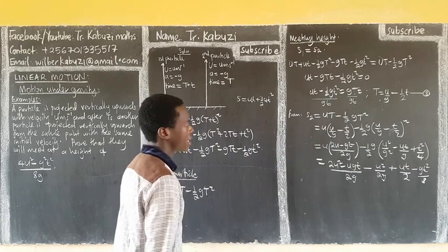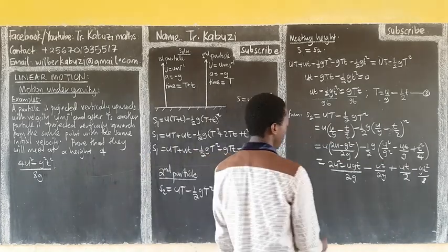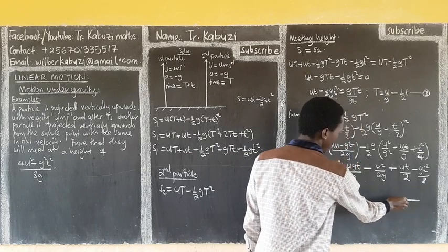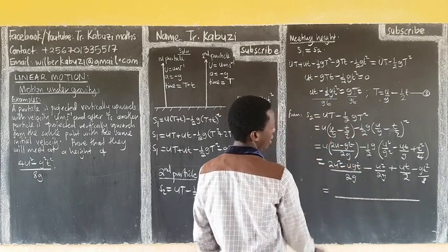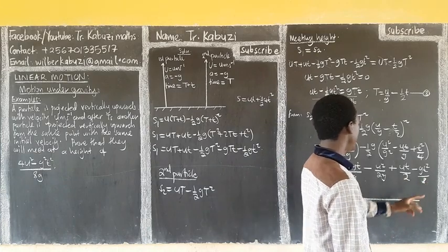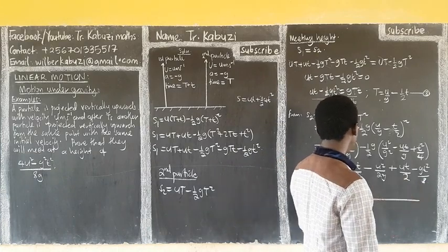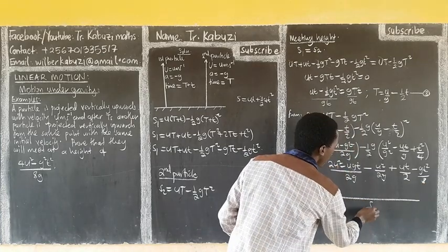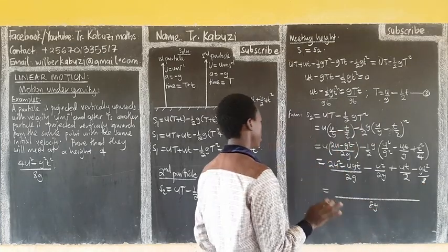So from there, let us get the LCM. This is contained in, so the LCM is going to be 8d.